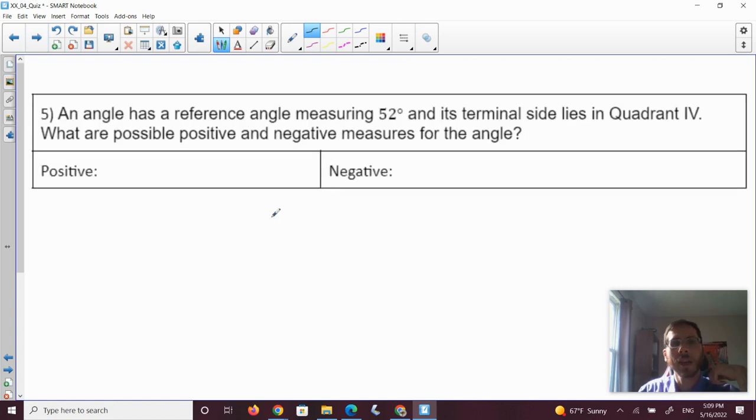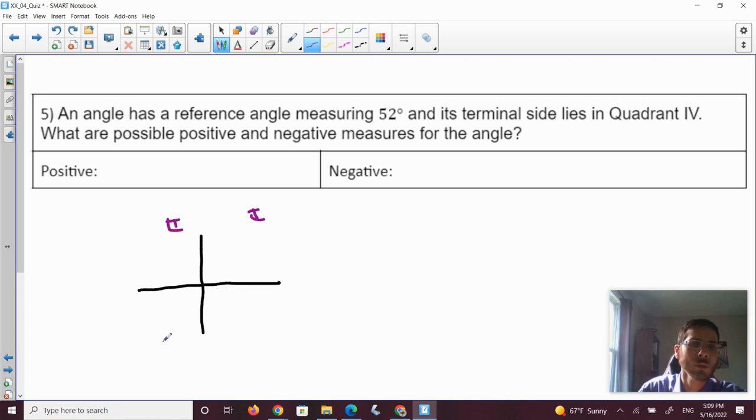For 5, an angle has a reference angle of 52 degrees and the terminal side is in quadrant 4. What are possible positive and negative measures for the angle? So if we draw it out, we know our quadrants are going to go 1, 2, 3, 4.